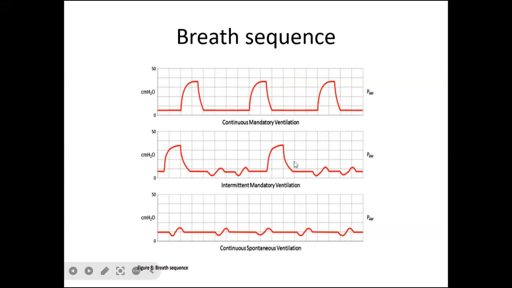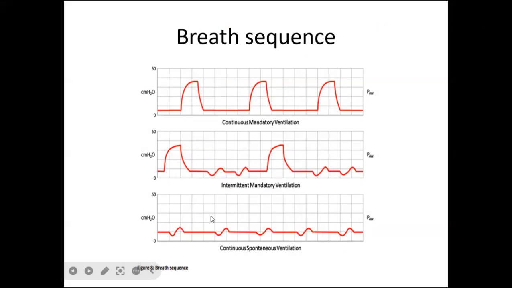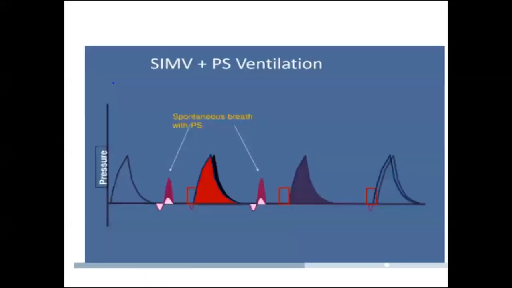The second mode is intermittent mandatory. If you add a synchronization window to this, it is synchronized intermittent mandatory ventilation. The last one has no mandatory breaths here. All are spontaneous breaths. So it is continuous spontaneous ventilation.